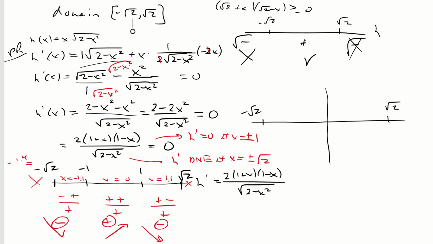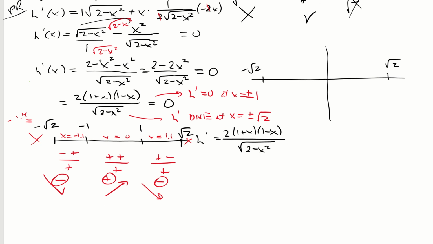We're going to state what we have so far, and that is looking like right here is a min by the first derivative test, and here's a max. So let's take a pause and write out what we found so far. Okay, so f is decreasing on 2 places: minus radical 2 to minus 1, but also from 1 to radical 2.